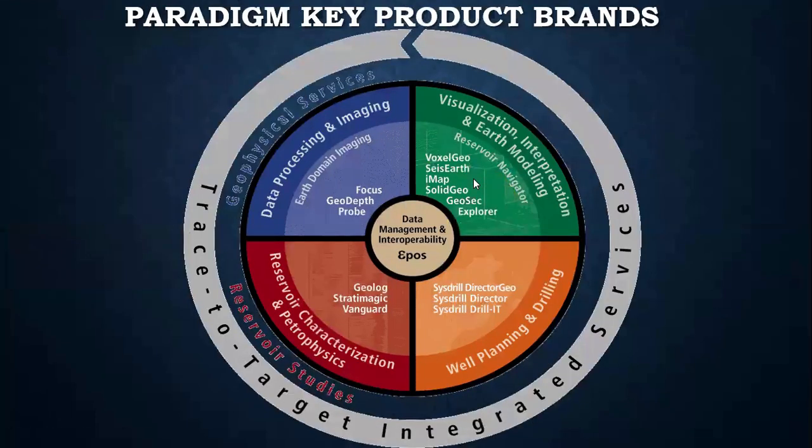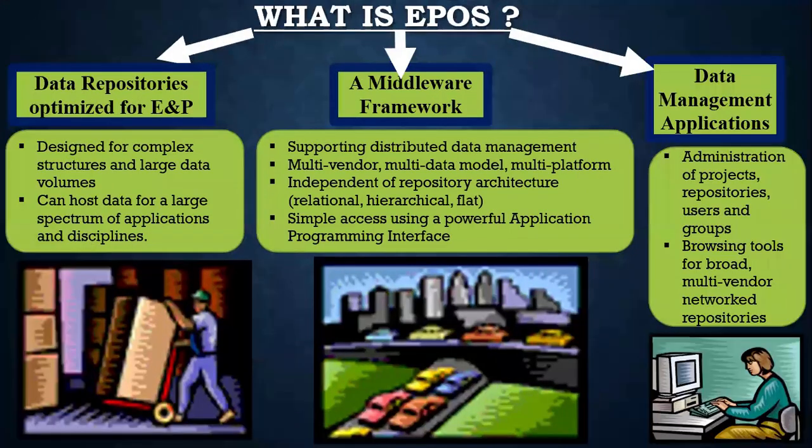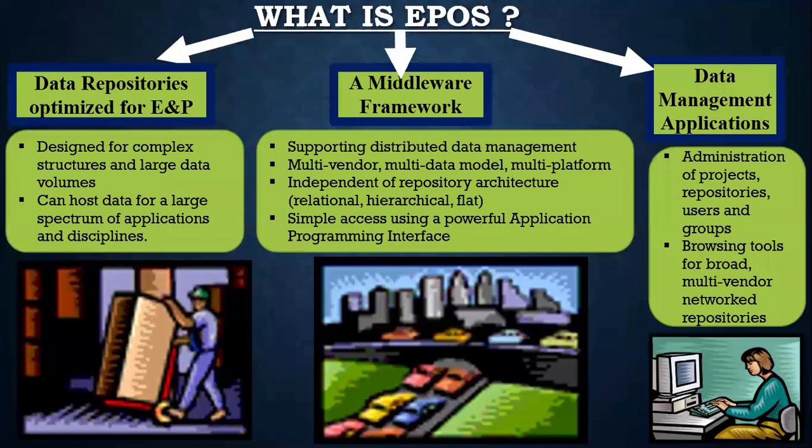About the EBOS infrastructure, or EBOS system, it provides data repositories optimized for engineers and petrophysicists, designed for complex structures and large data volumes, and can host data for a large spectrum of applications and disciplines.